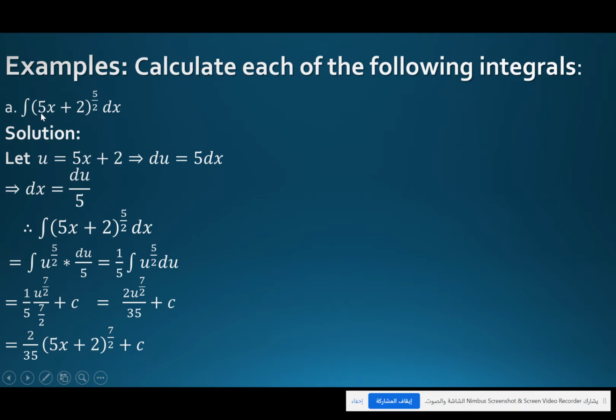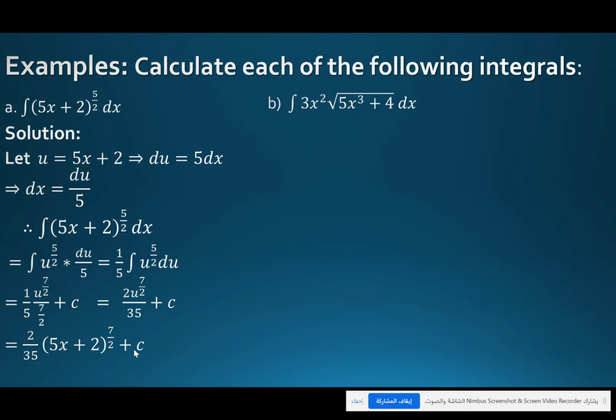So from the beginning, you can divide by 5, write 1 over 5, and directly add 1 to the power to get 7 over 2 and divide by 7 over 2, and you will finally get the result in one step. This is easier, of course. You can use it when you are solving objective questions.